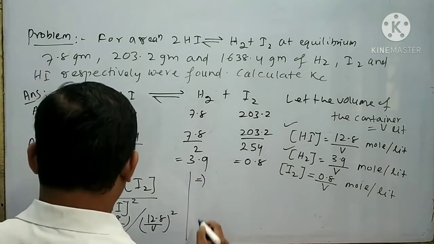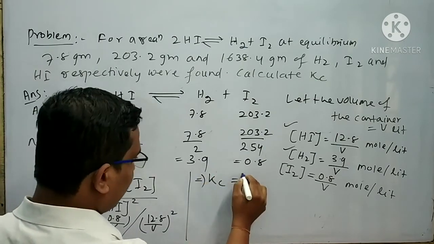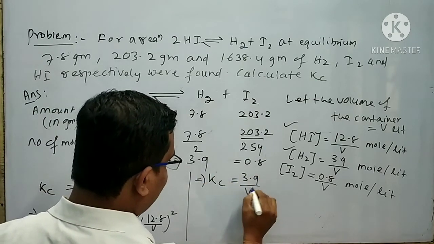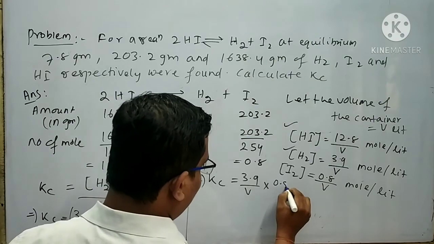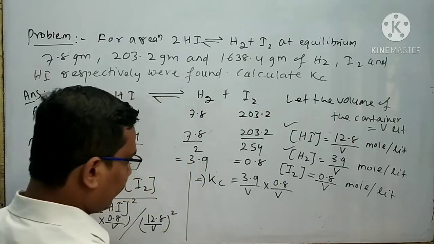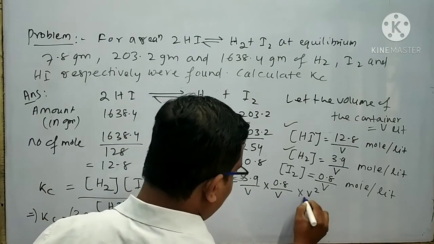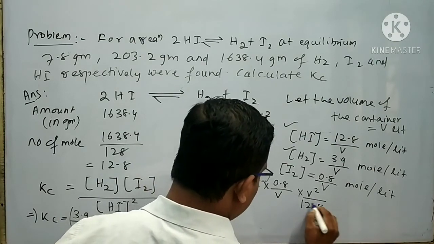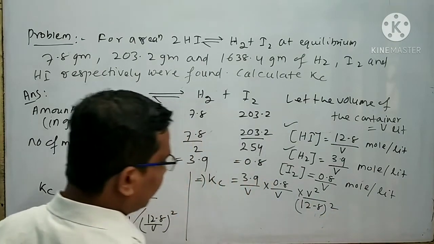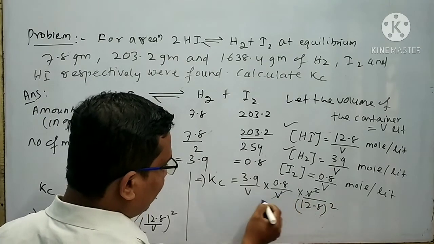After calculation, it is seen that Kc equal to 3.9 divided by V into 0.8 divided by V into V square divided by 12.8 whole to the power 2. Now cancel V square like this.